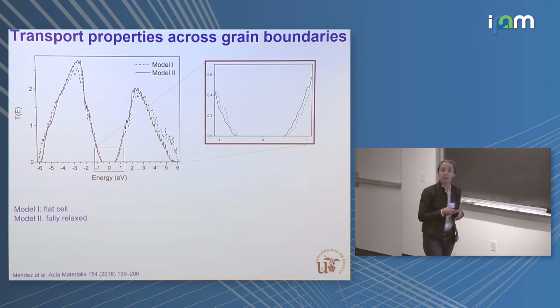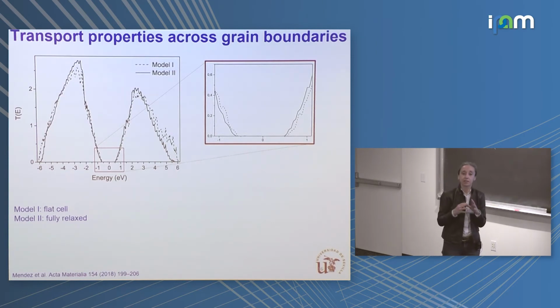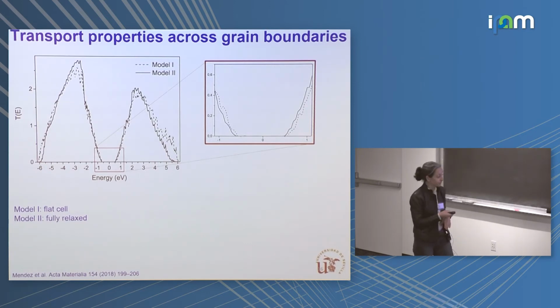So this is telling you that in order to obtain the size of the cell, you have to account for the out-of-plane displacements. But once you already know the geometry of that supercell, you can forget about the out-of-plane displacements when you compute the electronic properties.